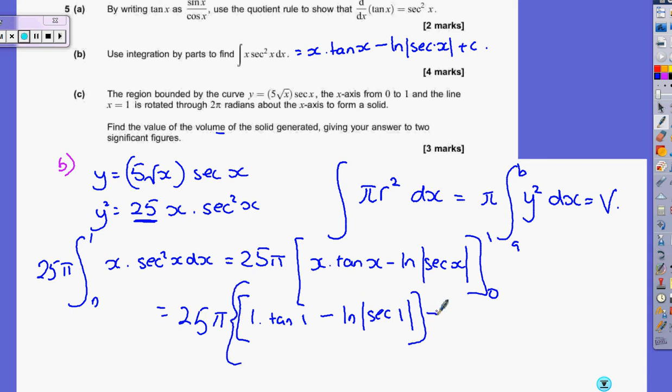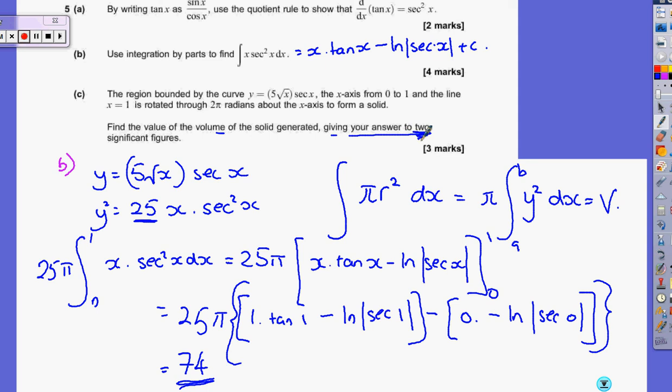Take away 0 times tan of 0 minus ln of sec of 0, with a funny little bracket there. Good. Okay, so what you should end up with is something really horrid, but ending up with, rounded to two significant figures, as you have been asked, 74. Isn't that fantastic? So shoving that into your calculator and getting the final answer is, this final answer down here is 1 mark.